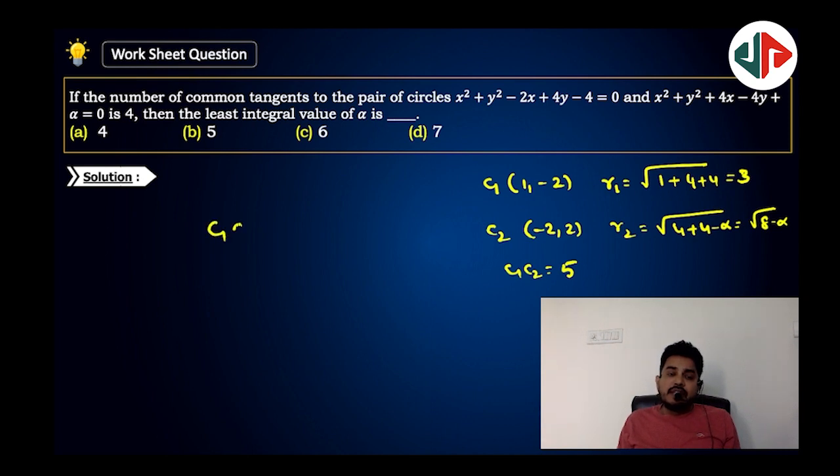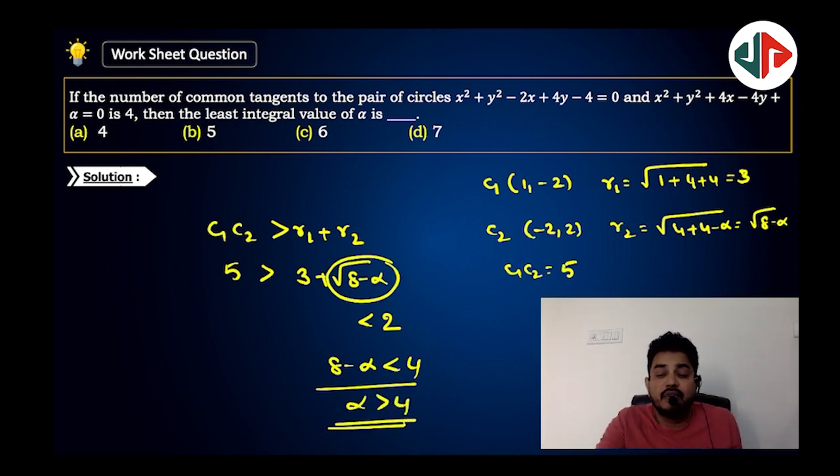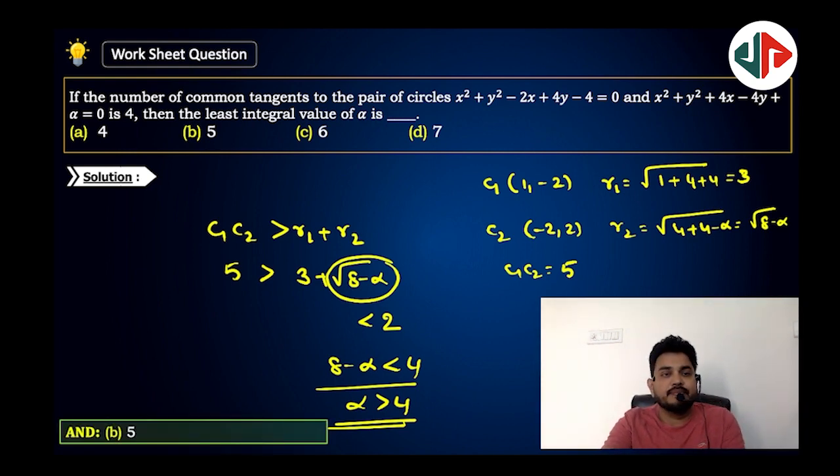So C1C2 should be greater than R1 plus R2. This 5 units should be greater than 3 plus root over 8 minus alpha. So this value should be less than 2. So 8 minus alpha should be less than 4. So alpha should be greater than 4. So alpha is equal to 5 is the right answer.